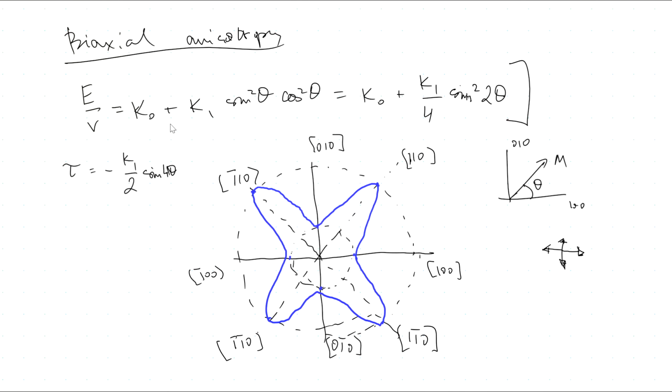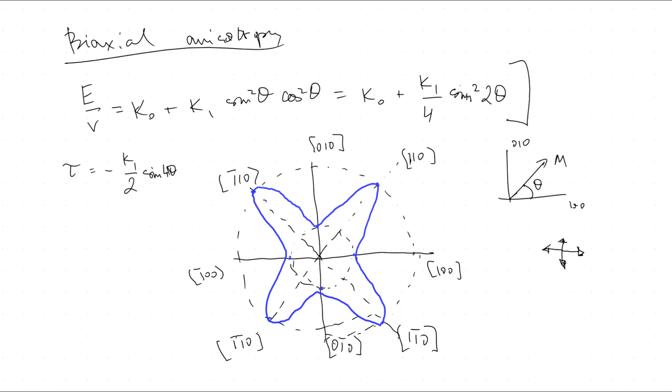So this shows us the energy of the magnetic moment if it points in a certain direction. If you have magnetization pointing at 45 degrees along this direction, it is the highest energy, and it's an unstable state. If it points vertically up, it is a stable state with the lowest energy. Okay, so that is a biaxial anisotropy.